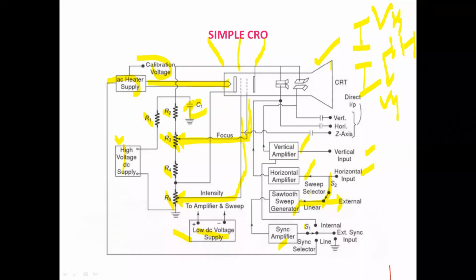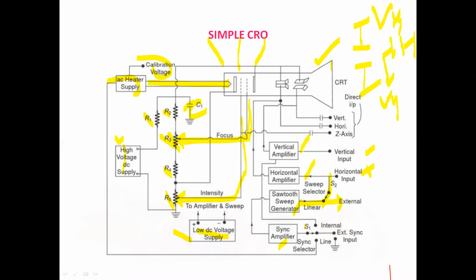The output given from the sweep generator goes to the horizontal input, and after that it is given to the horizontal amplifier. The output from the horizontal amplifier is then given to the horizontal deflection plate. As I have told you many times, the horizontal deflection system is a combination of the sweep generator as well as the horizontal amplifier.